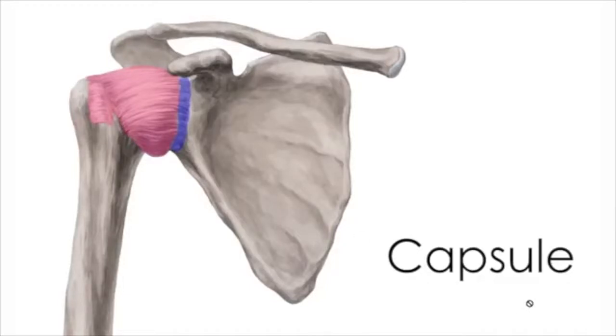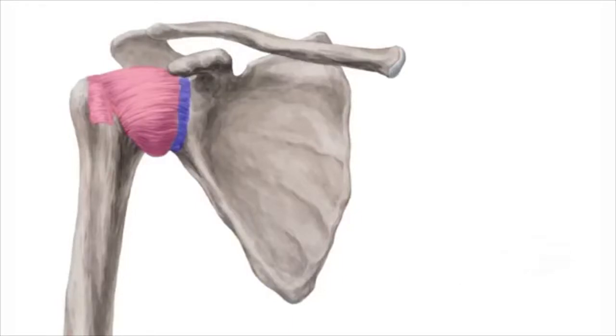The important feature of the capsule is that it's thin and broad, which allows the wide range of movements associated with this joint. Also, it is partially strengthened by ligaments and also by the tendons of the rotator cuff muscles, which we are going to discuss later in this tutorial in a little bit more detail.